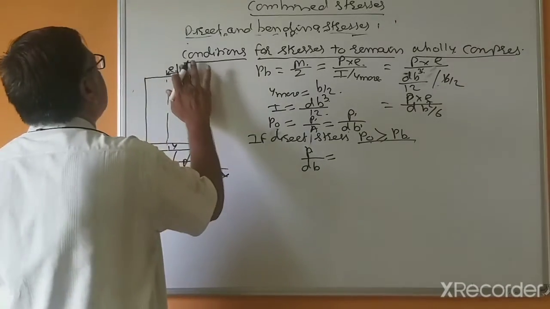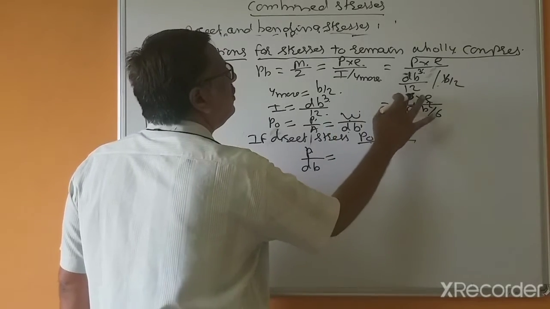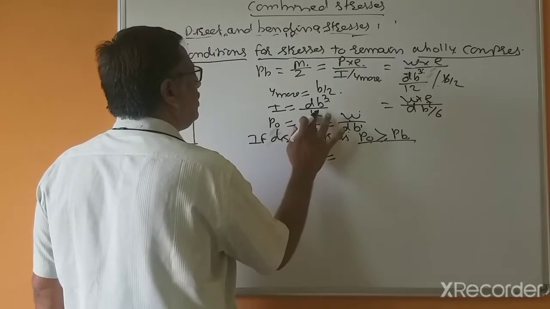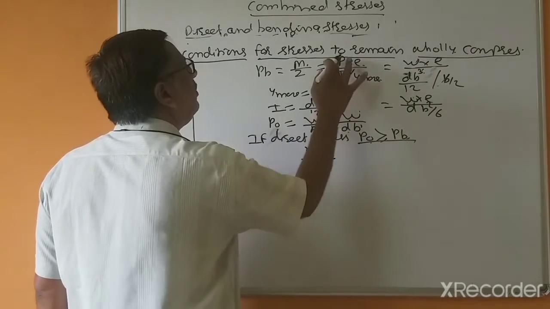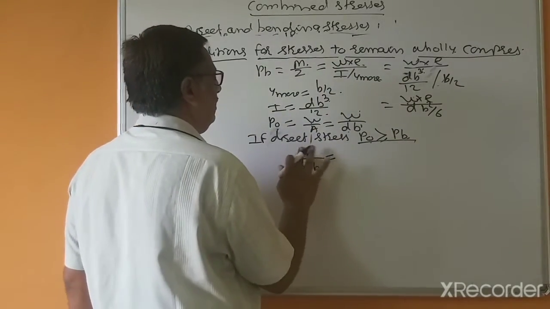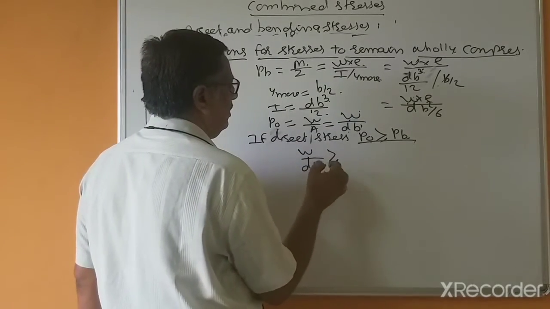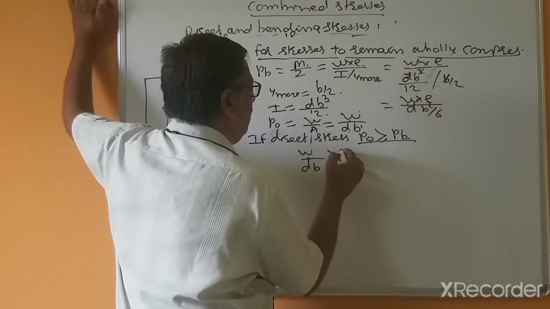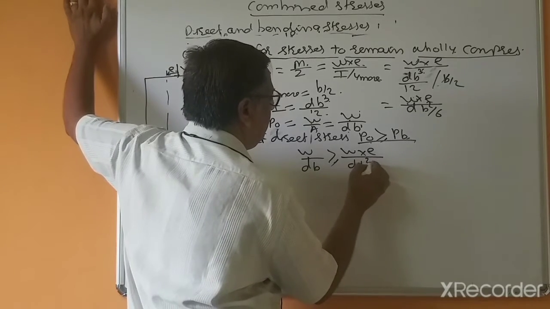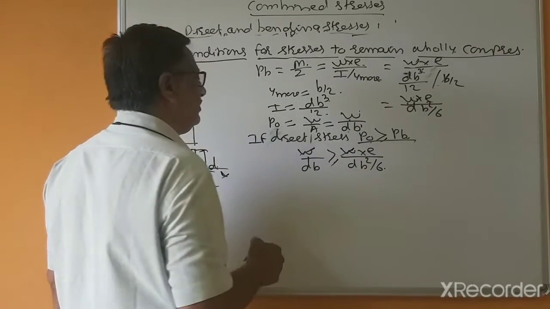Or if you are confused, you can write here W, we will change notations here, W, this is weight. So that's why W divided by dB should be greater than or equal to W into E divided by dB squared divided by 6. So this W will get cancelled.